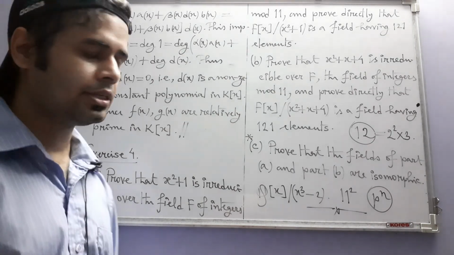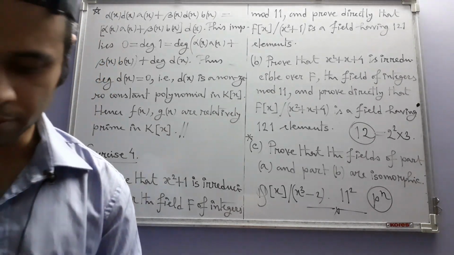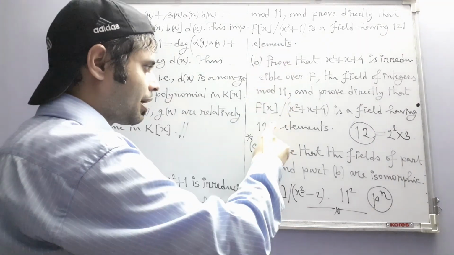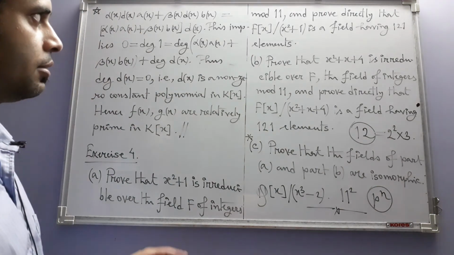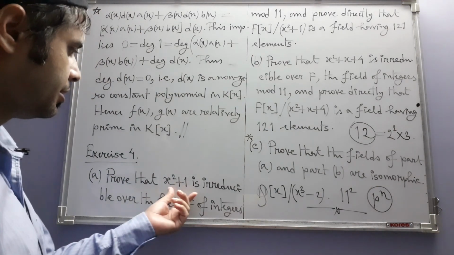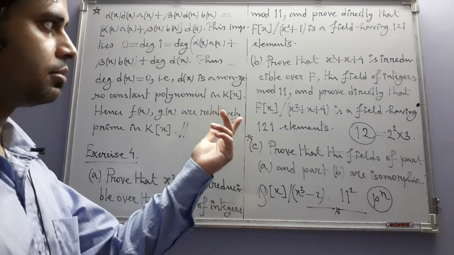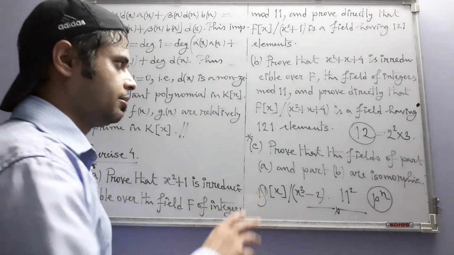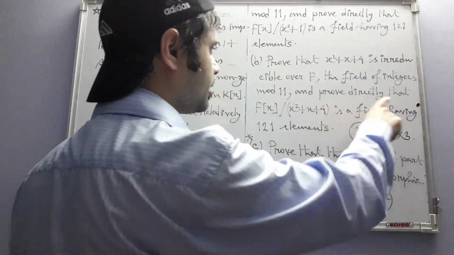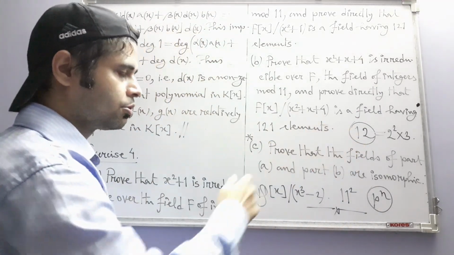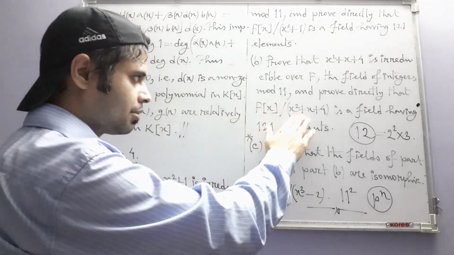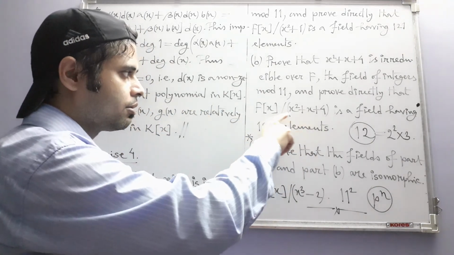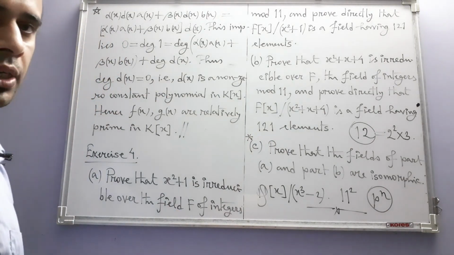So with this I end this video. In the meantime, you think of at least parts A and B. At least try to show that these are irreducible over the field of integers mod 11. And if you achieve that, then try to think of how you can prove directly that these quotient rings are fields, which will require you to prove, just like how we did that one, that every non-zero element has a multiplicative inverse.